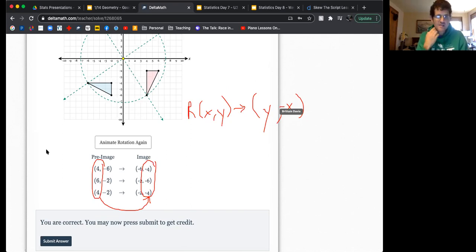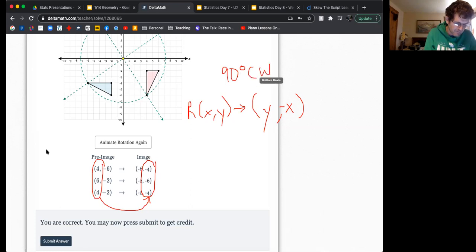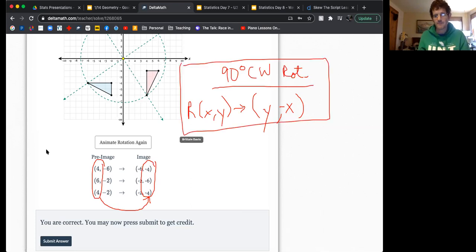So this is the coordinate rule for going clockwise 90 degrees. I'm going to write that out real quick. 90-degree clockwise rotation. And I can put a box around that. You don't have to copy this down right now. If you want to, you can, but this is on that reference page on the Canvas classroom. So you're in good shape.